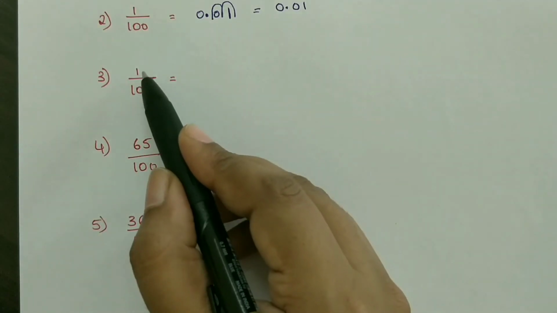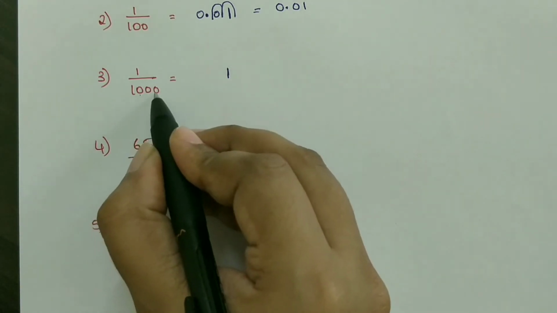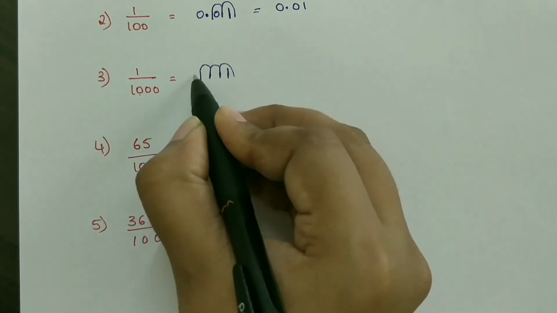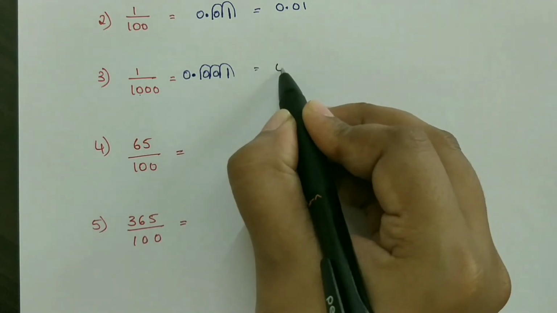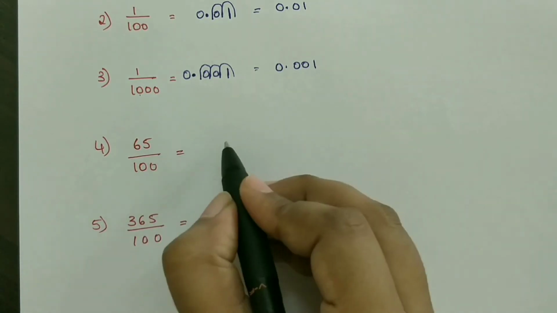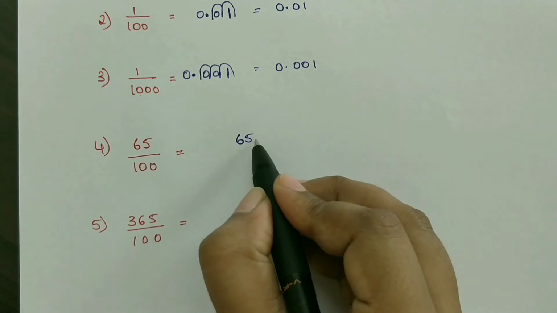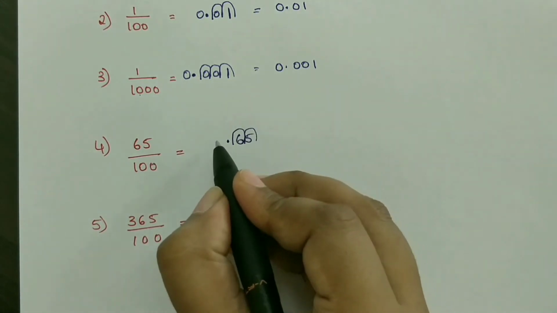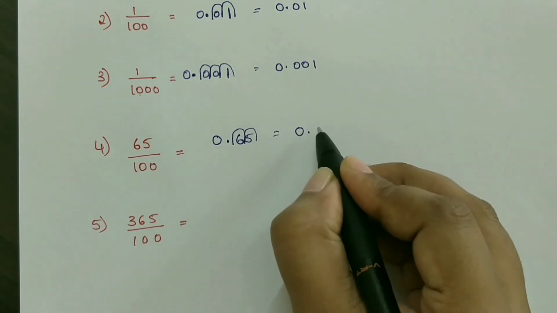Third example, write the numerator, 1, 2, 3, and put the decimal point and fill the gaps with 0, equal to 0.001. Next example, write the numerator, 1, 2. So from the right side put the decimal point and 0 in the whole part, equal to 0.65.